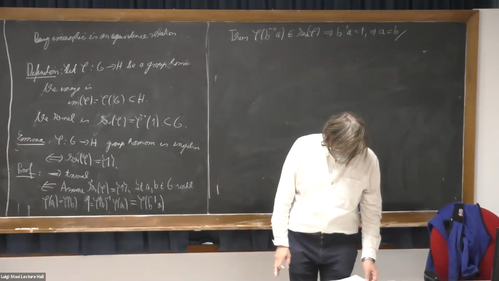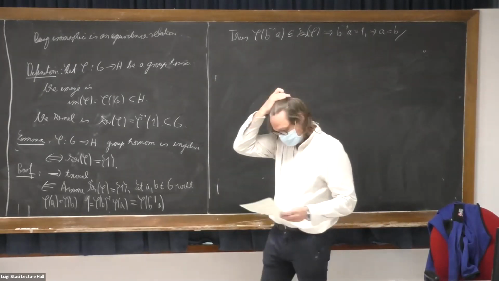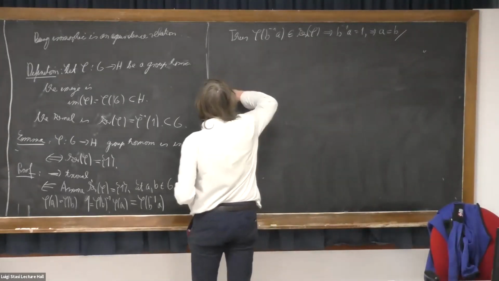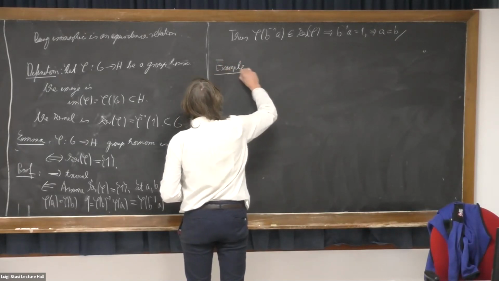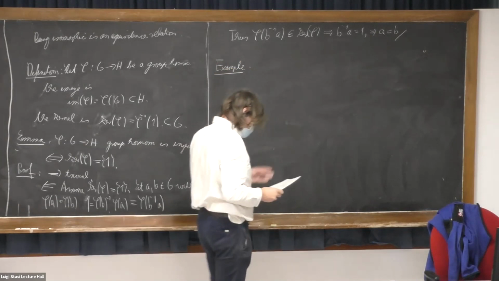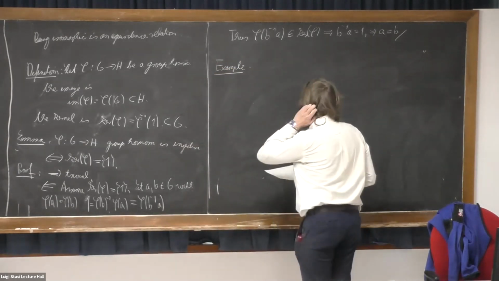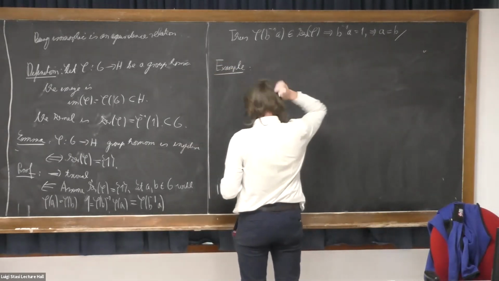Okay. So let's just look at some examples of homomorphisms of groups, which are slightly less obvious.